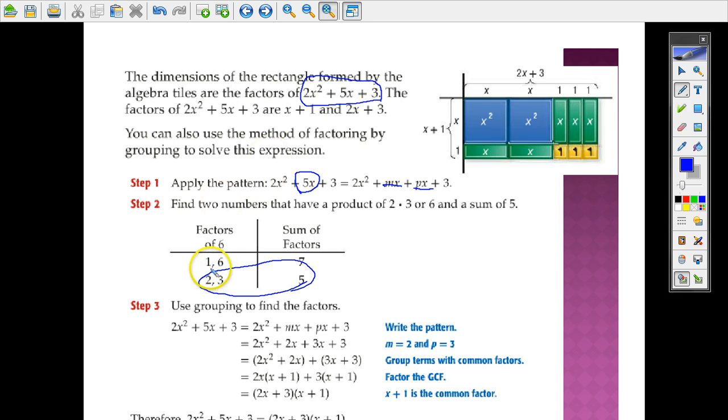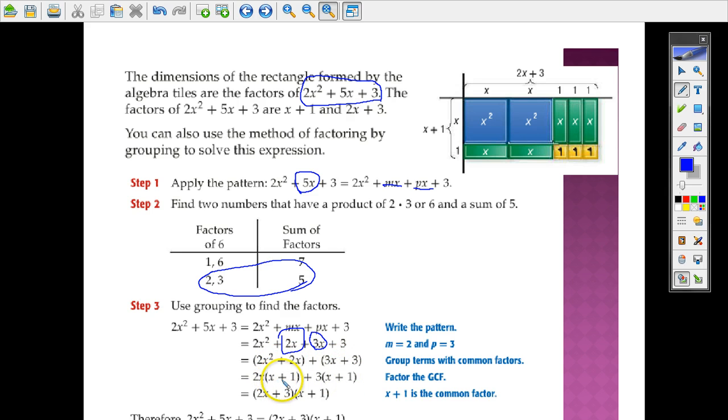So use grouping to find the factors. So now you're going to just rewrite the 5x as 2x and 3x. Okay. So when we do that, we can regroup as 2x squared plus 2x plus 3x plus 3. And if you remember from the previous chapters, we can factor out the 2x here. You can factor out the 3 here.